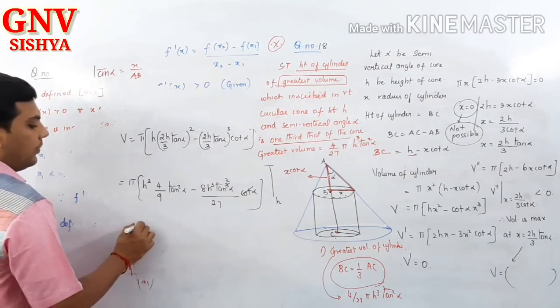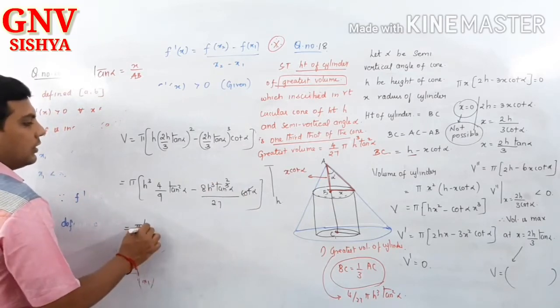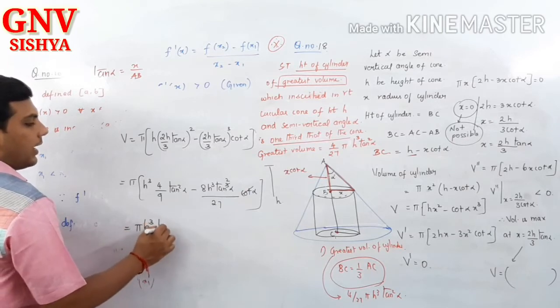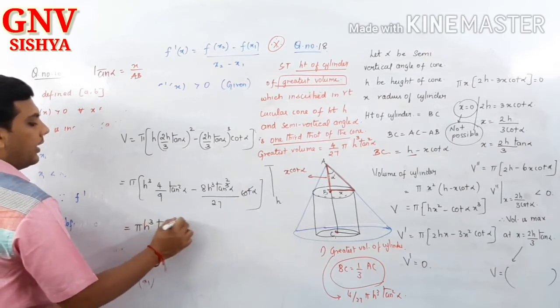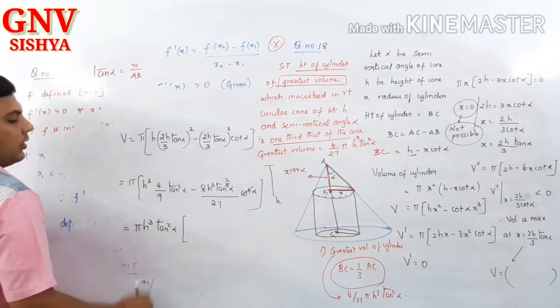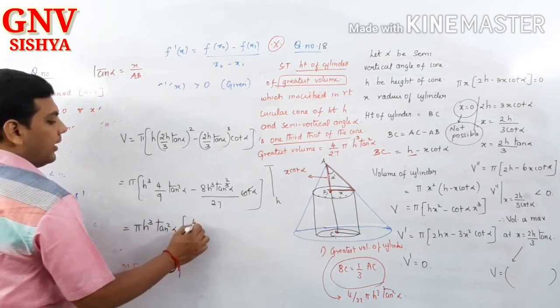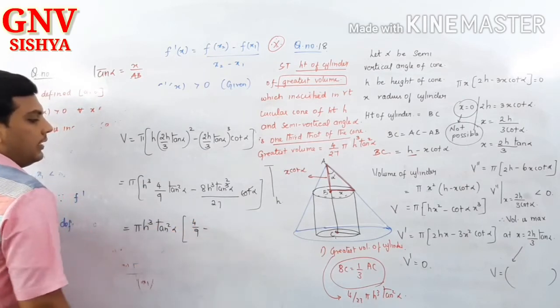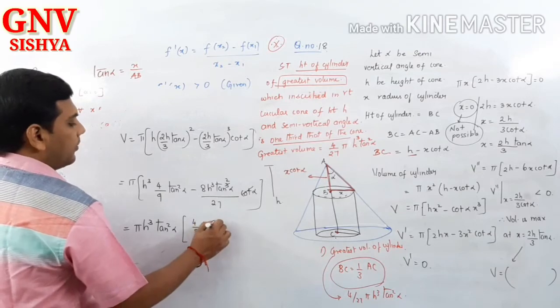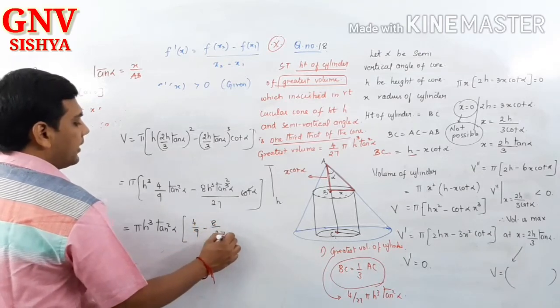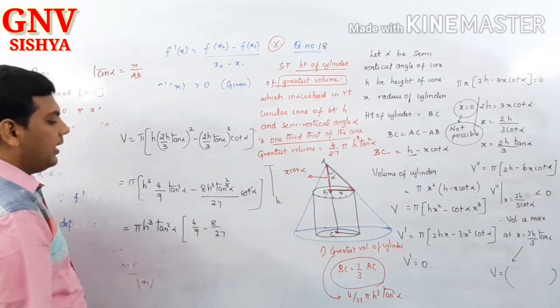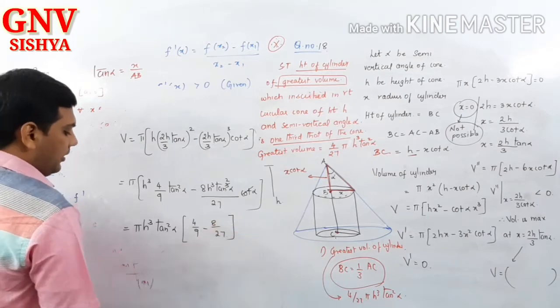So pi will be there as it is. h cube I can take common out, tan square alpha I can take common out. Am I correct? So the remaining will be 4 by 9 minus 8 by 27. Correct? Am I right or not? Yes.